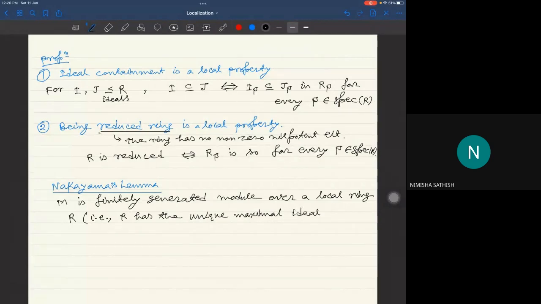Let's denote this maximal ideal by M. Then you have two statements.